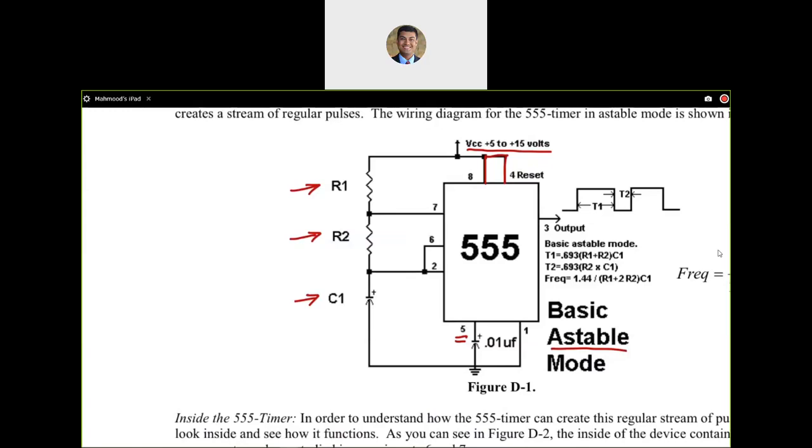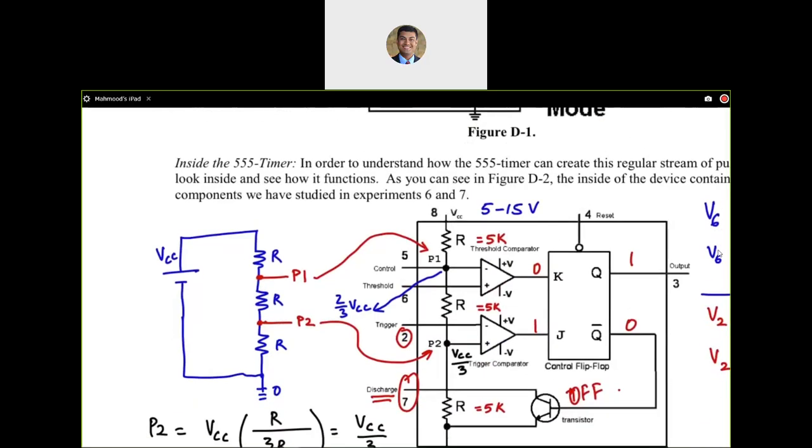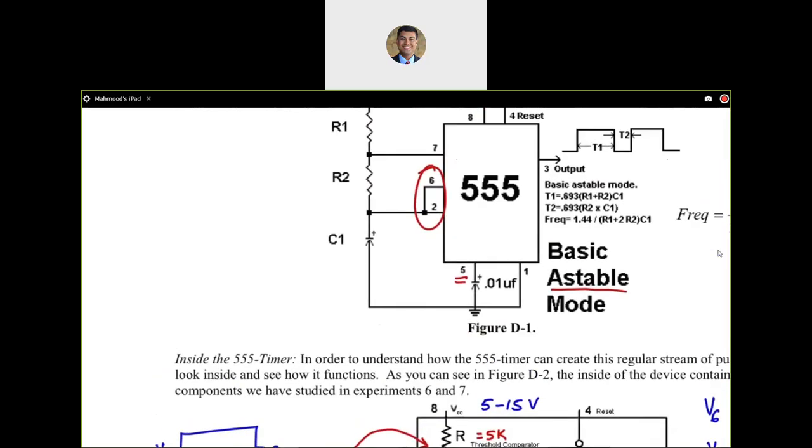So what is going to happen initially? Let's say I have zero voltage across the capacitor C1, and if I have zero voltage across C1, notice what we did here. We connected pin number 6 and pin number 2 together. So whatever we had earlier, if I scroll down here, this threshold pin and the trigger pin, externally they are connected together, and they are connected to the capacitor C1.